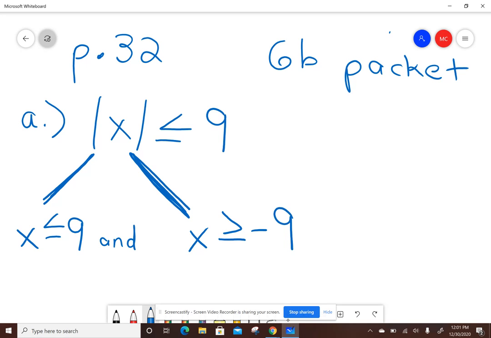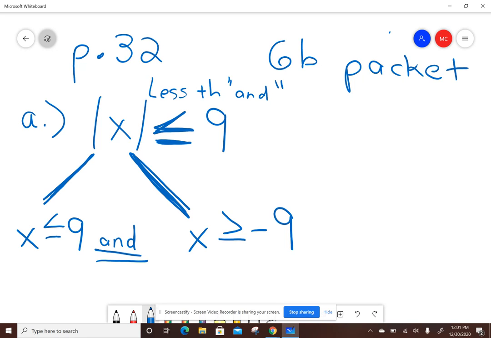Now, because this was a less than, we knew that once the absolute value sign is isolated and it's an inequality, if it's a less than inequality, it's going to result in a compound and inequality.